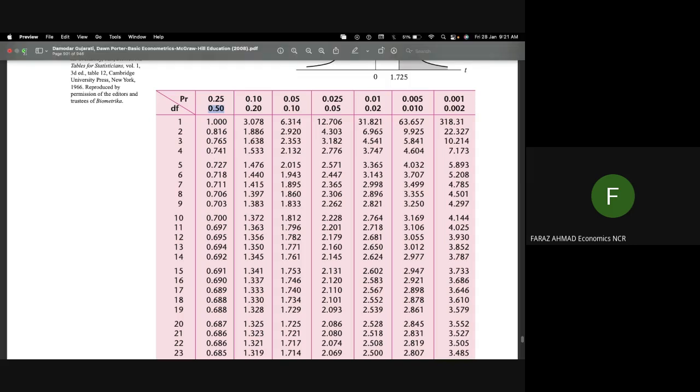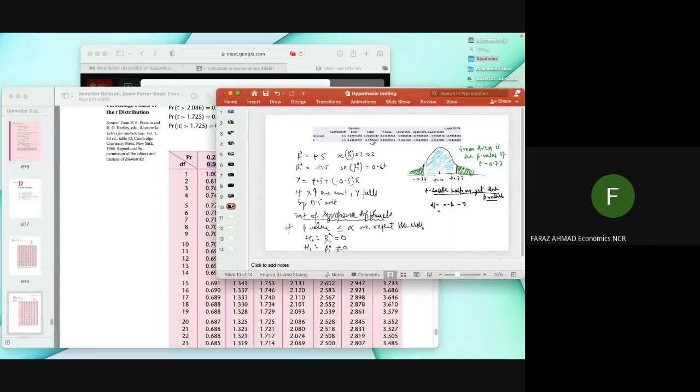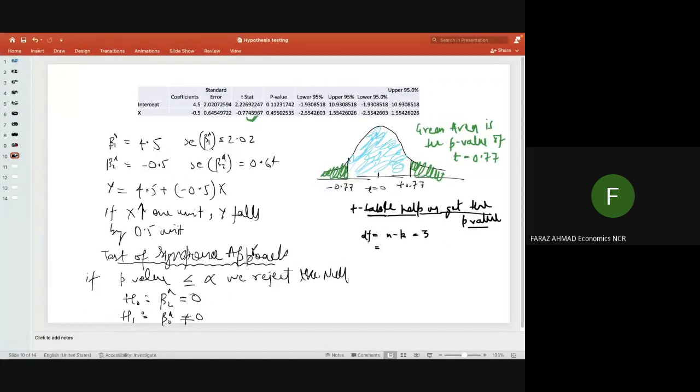So if we go and see our table here, we are able to see that the p-value is very close to 50%. The p-value is actually equal to 0.49. That's what we got from Excel.